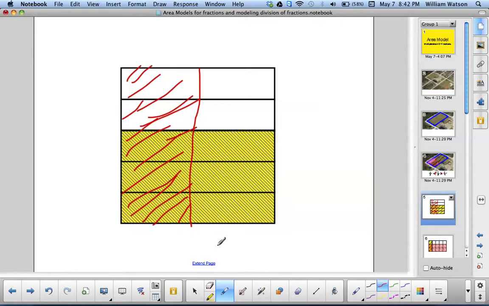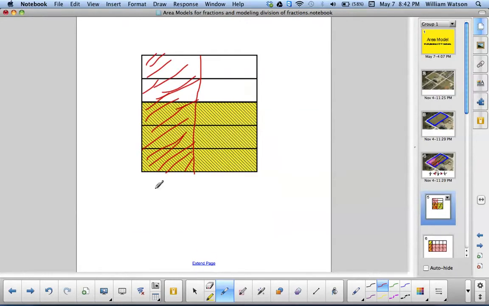So then we can again come up with our number sentence. We had 3/5, and we're going to take half of that 3/5. So we'll take 1/2 of 3/5, and a half of 3/5. That product is going to be 3/10.